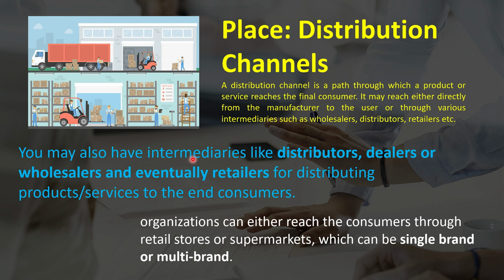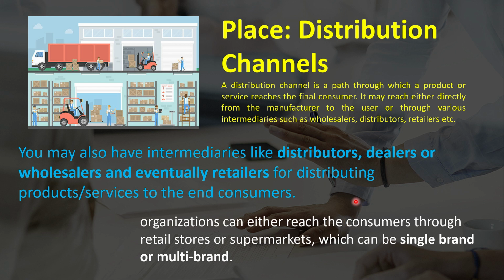You may also have intermediaries like distributors, dealers or wholesalers, and eventually retailers for distributing products or services to the end consumers. An organization can reach consumers through retail stores or supermarkets, which can be single brand or multi-brand.